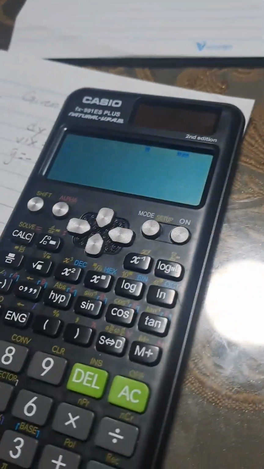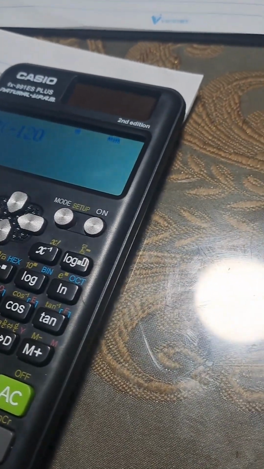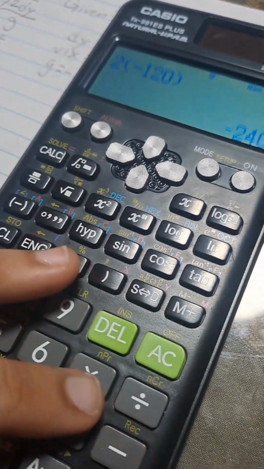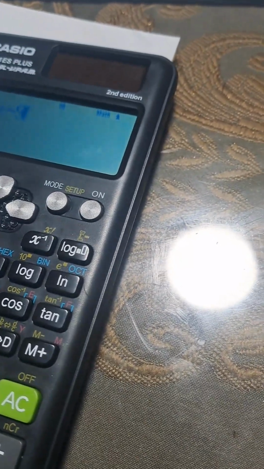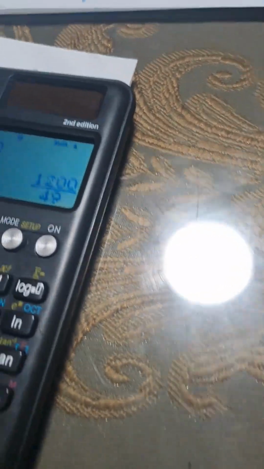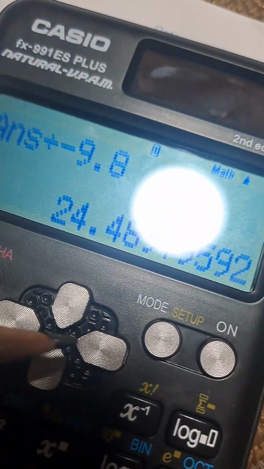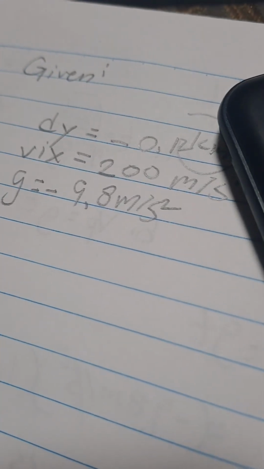So I'm just gonna use my calculator immediately. And you're just gonna divide it. If you're done like that, you're gonna do this again, and then you're left with 24.49, round up to 2 digits. So you're left with 24.49.